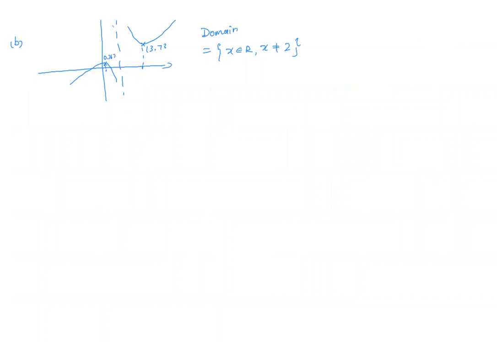Okay, so look. This part is your y equals f(x). For x less than 0.267, that is this part of the graph. This is called going up, correct?